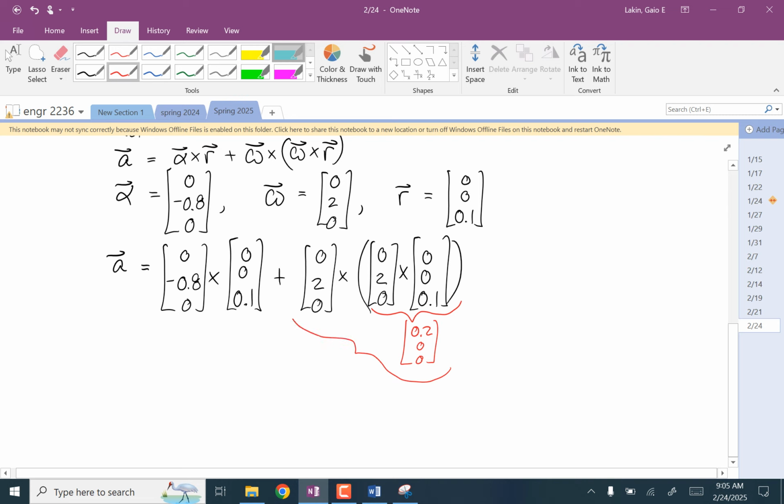And then with this one, you get negative 0.4 in the z.